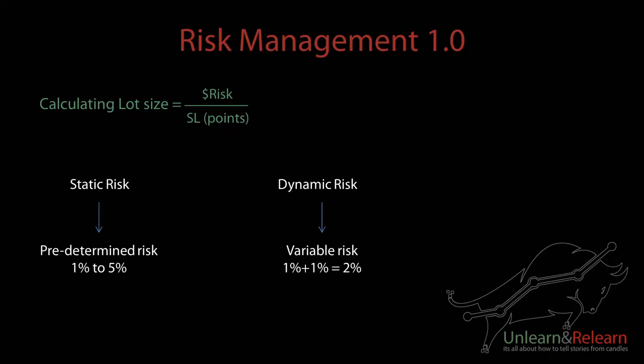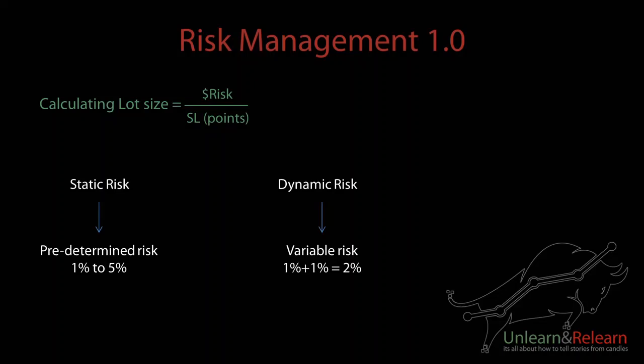Now, someone a little more advanced or with more experience might say, I'm going to use dynamic risk. Dynamic risk comes in when you're really breaking down your risk. Let's say you're going to use 2% risk, but you break that 2% down into two 1% positions.